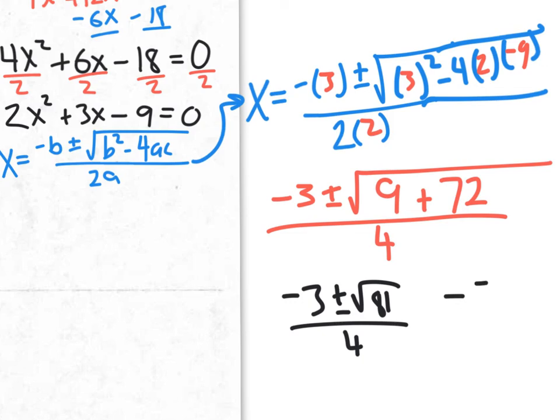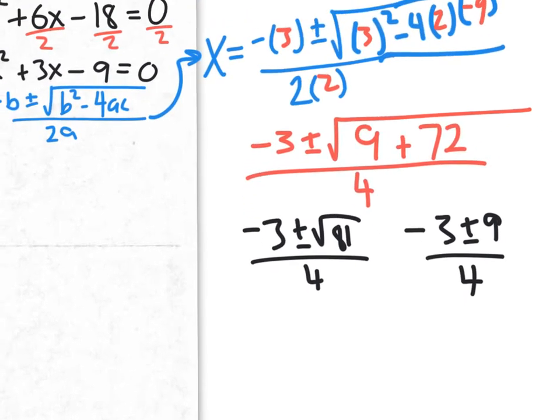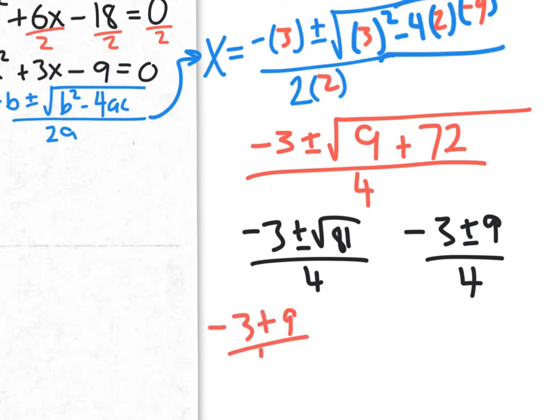And that's really negative 3 plus or minus 9 over 4. And that's really going to be negative 3 plus 9 over 4 and negative 3 minus 9 over 4.